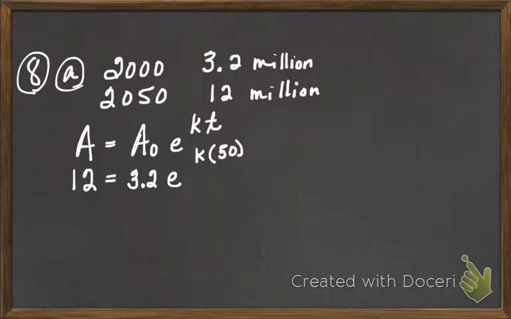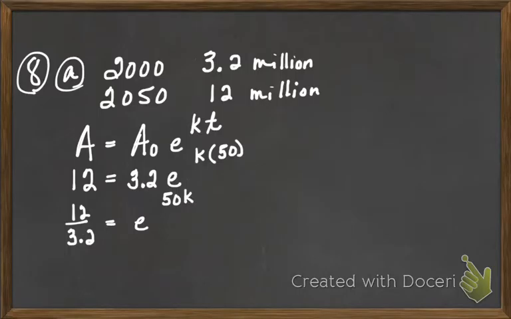So what we're going to do in the A part is we're going to just find the K, okay, and we're going to write a little formula for this specific country, for its population growth. So we have to get the E by itself, so we're going to divide both sides by 3.2. And then on the right-hand side, we'll have E to the 50K.